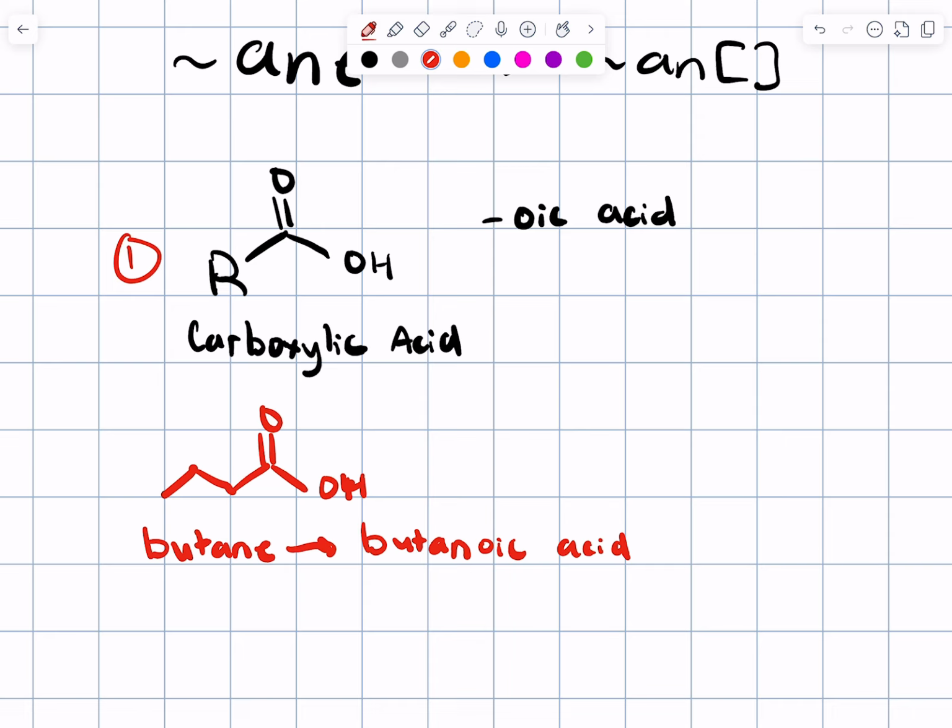In this case, we don't really care what carbon the carboxylic acid's hydroxyl group is on. So the question was, do we care about the number of our highest priority functional group? The answer is yes, we do. But for a molecule like this, first of all, we're just learning about the suffixes right now.